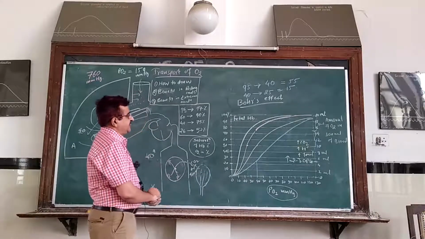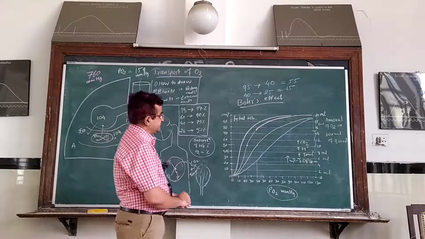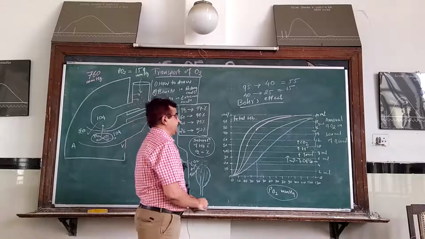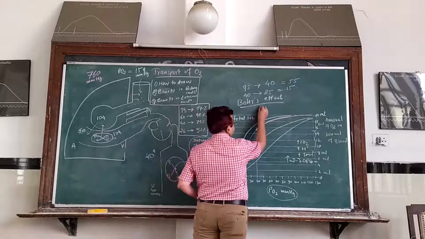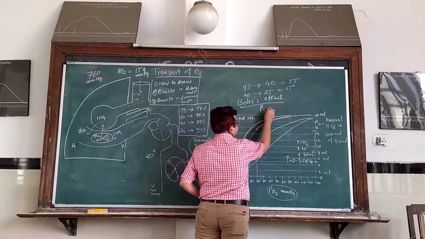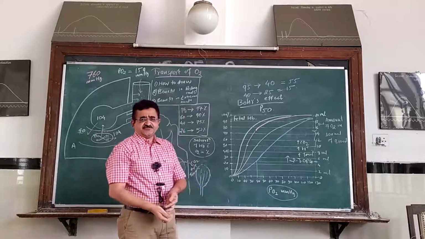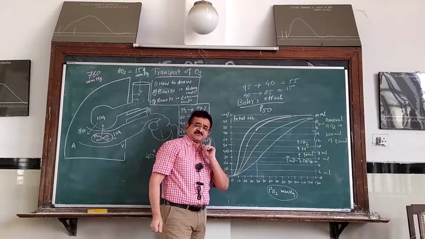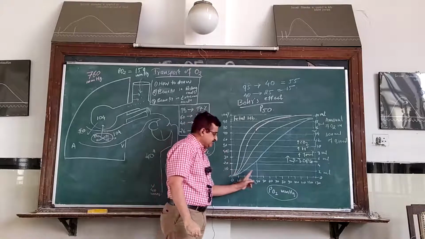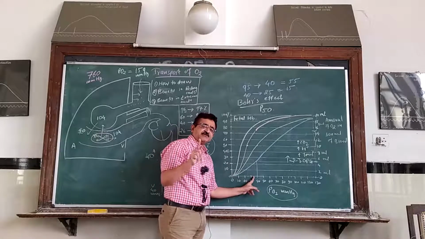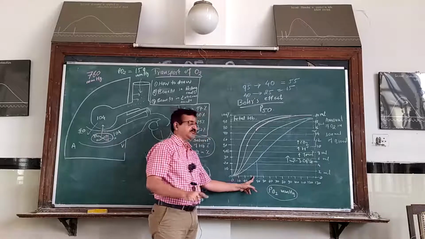So this is all about the oxygen hemoglobin dissociation curve. And to conclude, we conclude with one term. Name of that term is the P50. What is P50? P50 is defined as the partial pressure of O2 at which hemoglobin is 50% saturated with O2.